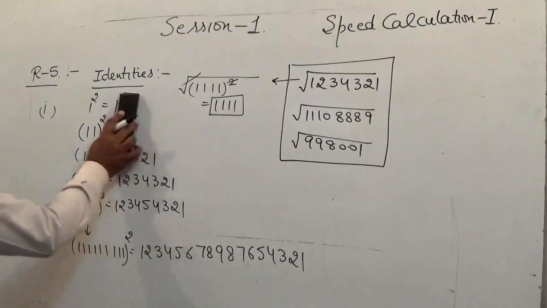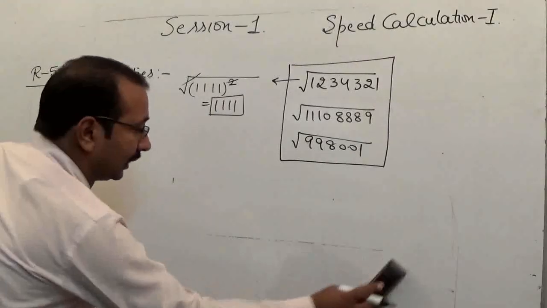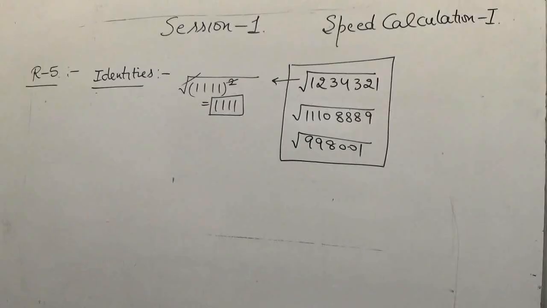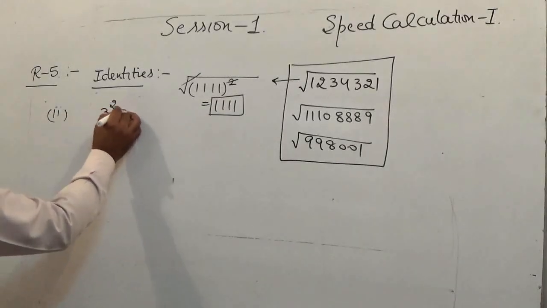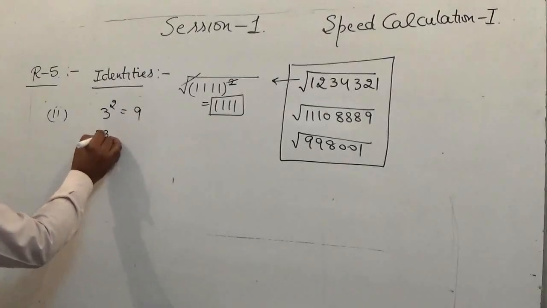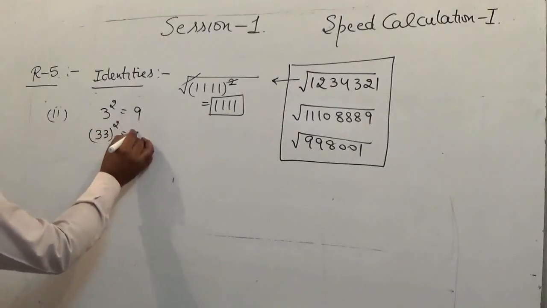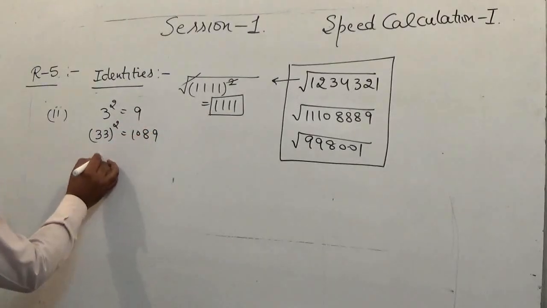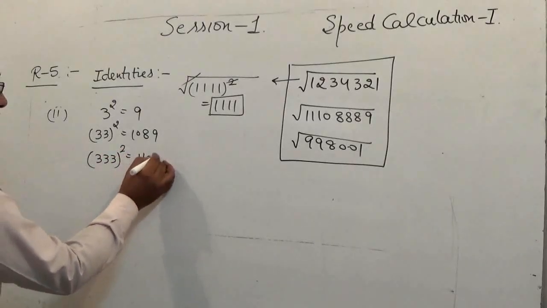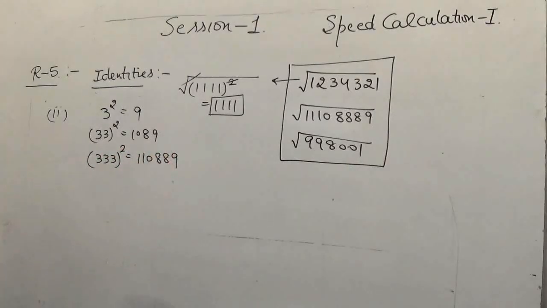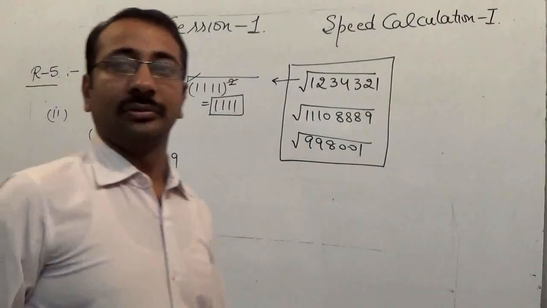After this, we will understand the second identity, that is based on the rule of 3. 3 square is 9, 33 square is 1089, 333 square is 110889. What does this identity talk about?